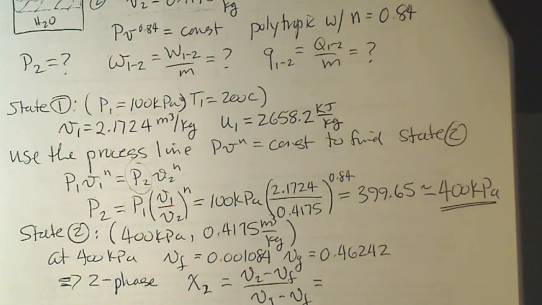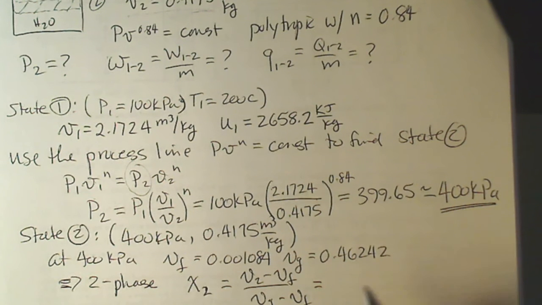V2 is 0.4175. And let's see, 0.46242 minus 0.9026.